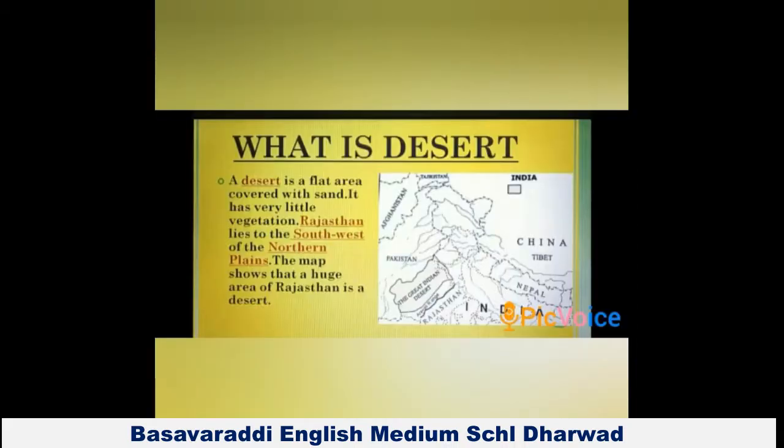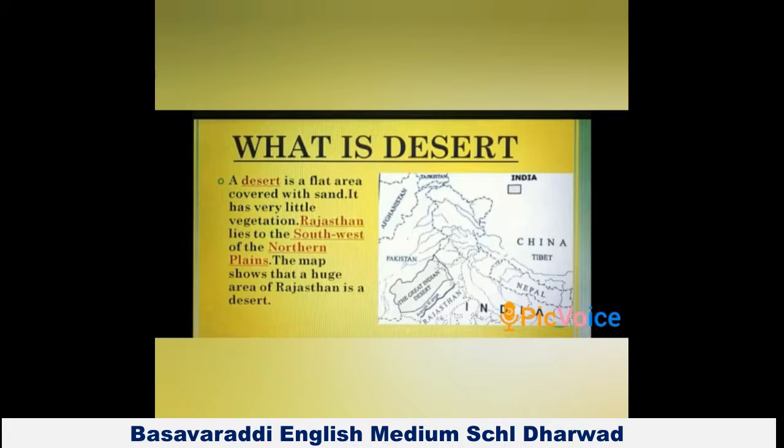Now, we will discuss the tropical deserts: the Sahara and the Kalahari deserts in Africa, the Colorado and the Mexican deserts in North America, the Atacama Desert in South America, the Great Victoria Desert in Australia, the Arabian and Thar Desert in Asia. These are the tropical deserts.